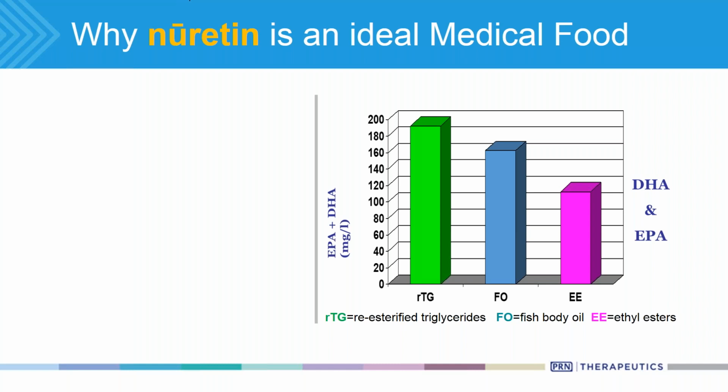So this is the seminal study in terms of bioavailability and absorption. You've seen it before in other contexts. It was done by Dr. Jordan Dyerberg, the real father of omega-3s, presently nominated for a Nobel Prize for his work.